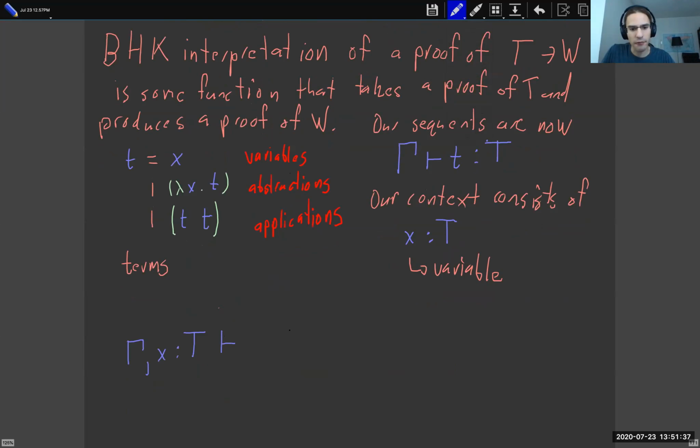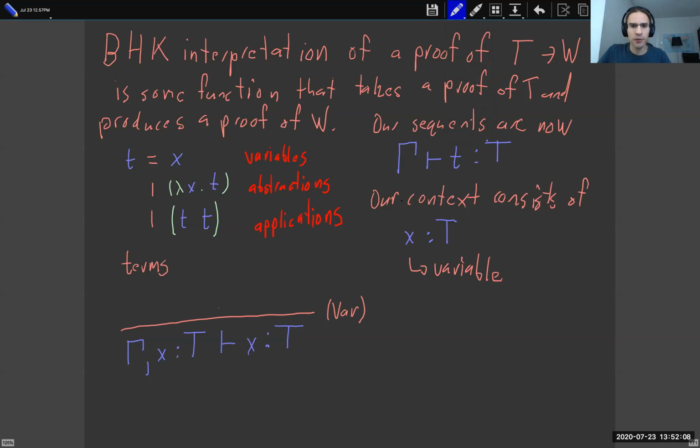What proof will t have? X. Yeah, precisely. And this rule right here is now going to be renamed to the more dignified name var, reflecting that the context consists of variables.